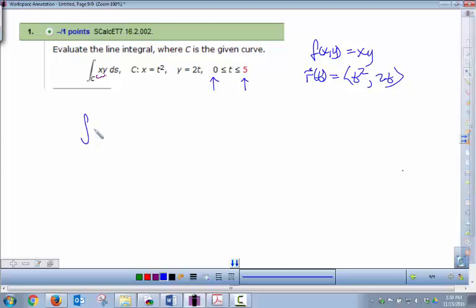Okay, so your integral is going to be equal to xy. In place of x, I'm going to drop the x of t, so it's t squared, and y is 2t.